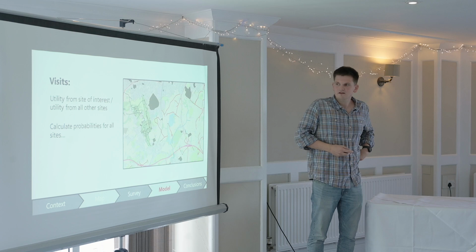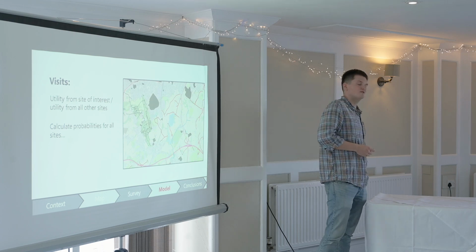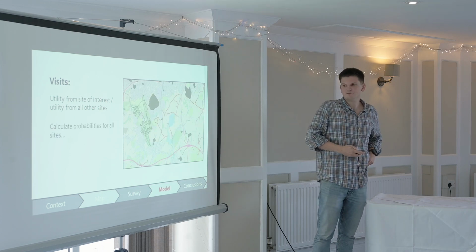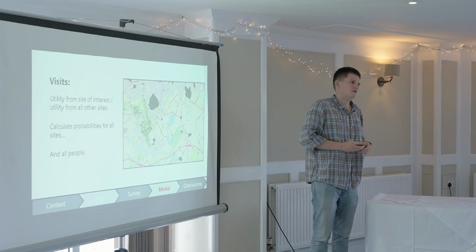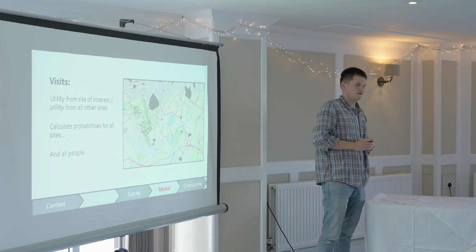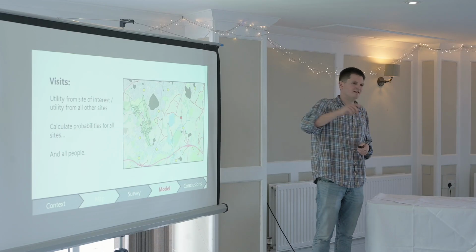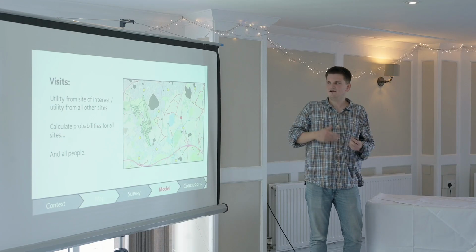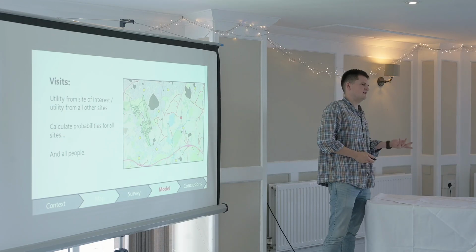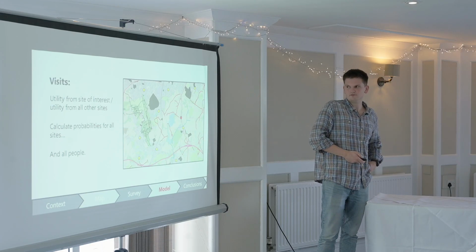And you can calculate those probabilities for all of the sites in the data set, and also for all people. So you know the probability of every person visiting every site, and you can work out how many people will actually visit each one.